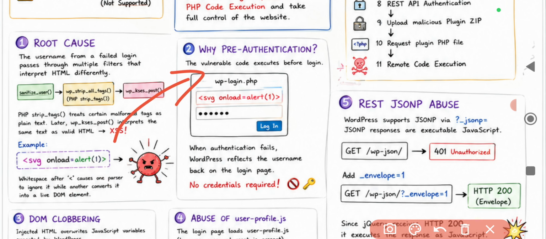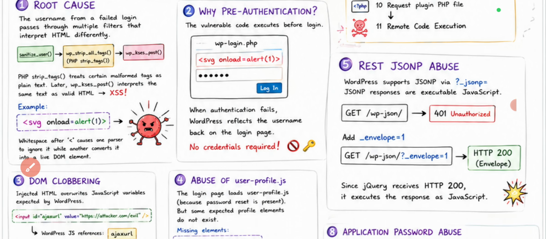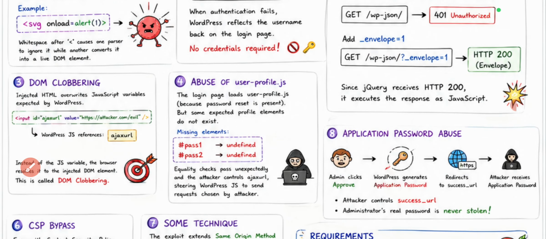Why pre-authentication? The vulnerable code executes before a login, in wp-login.php. When authentication fails, WordPress reflects the username back on the login page, and no credentials are required. Then the DOM clobbering occurs.